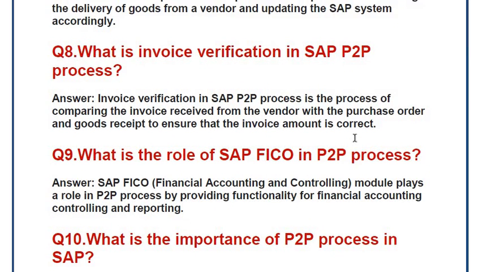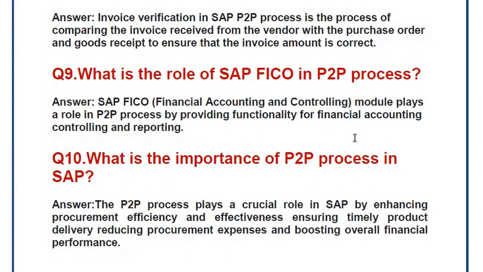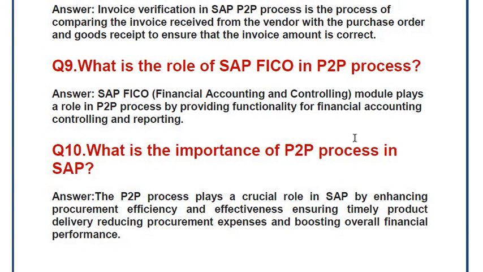What is the role of SAP FICO in the P2P process? The SAP FICO module plays a role in the P2P process by providing functionality for financial accounting, controlling, and reporting. Okay. What is the importance of the P2P process in SAP? The P2P process plays a crucial role in SAP by enhancing procurement efficiency and effectiveness, ensuring timely product delivery, reducing procurement expenses, and boosting overall financial performance.